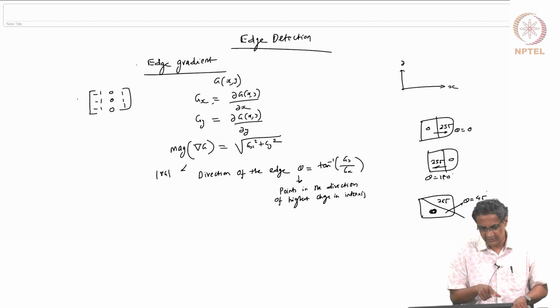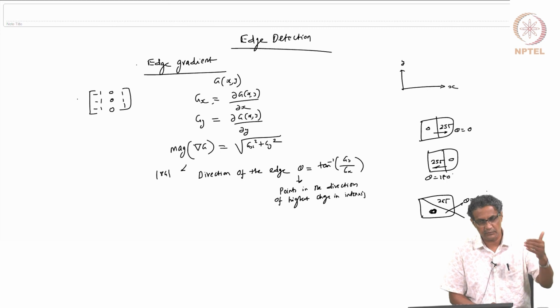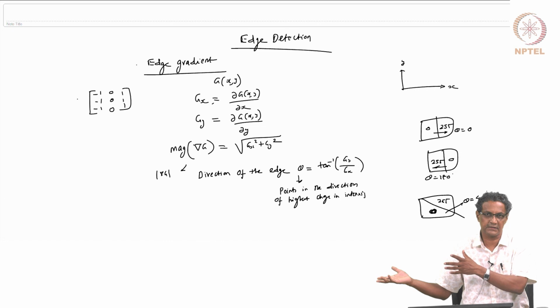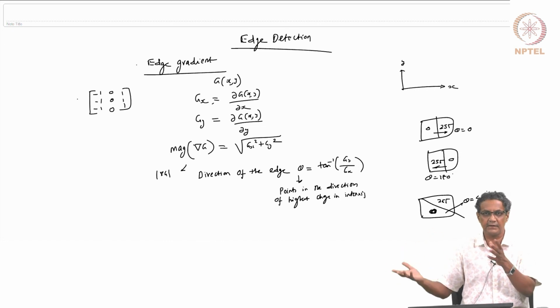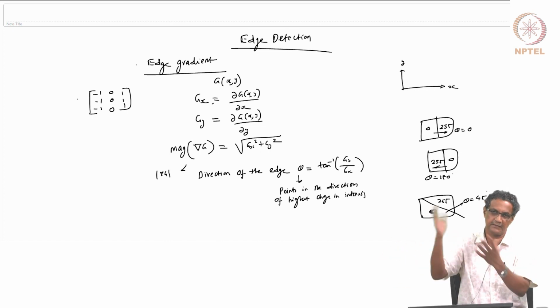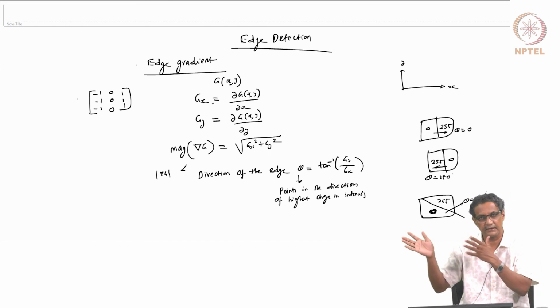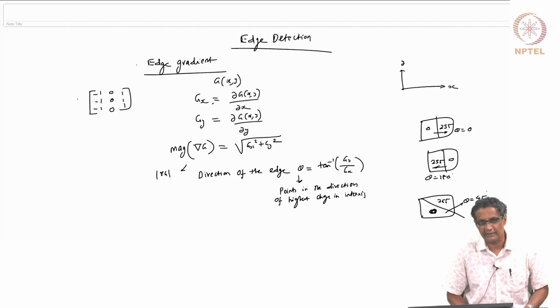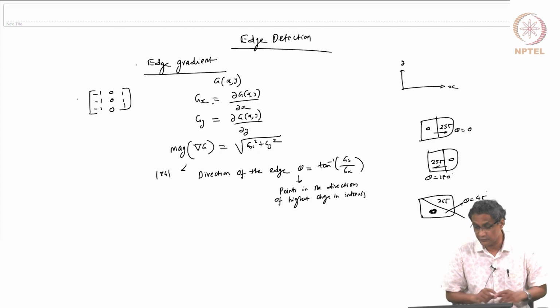In this case, it should perhaps be more meaningful to write it as 1 1 1 0 0 0 minus 1 minus 1 minus 1. So that when you flip it, 1 goes on the other side, and therefore when you take the weighted average, if 255 is on that side, that will make it a positive number, and therefore your theta turns out to be 0. That is all. That is just a minor thing that you have to be wary about, otherwise you might say I am getting a theta that is of the opposite sign or something.